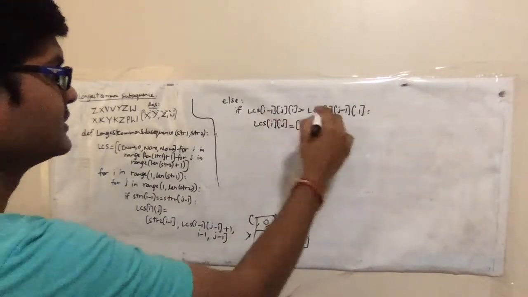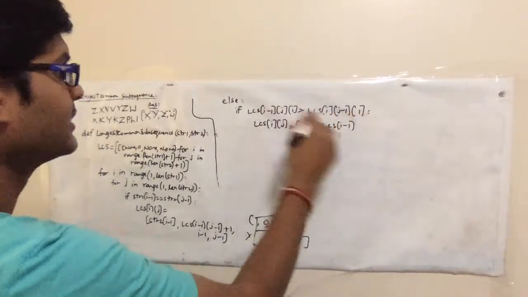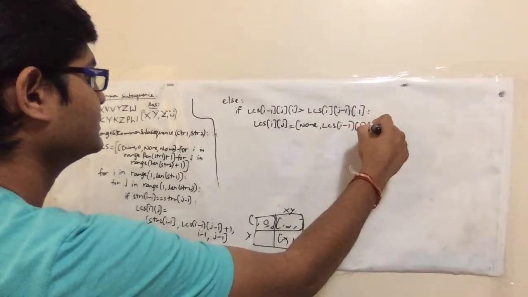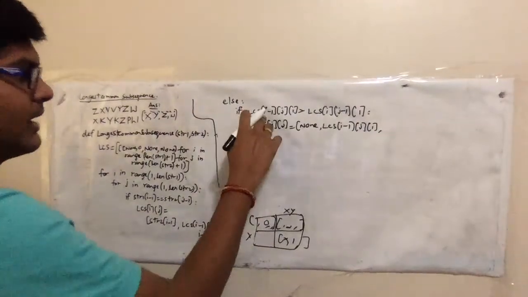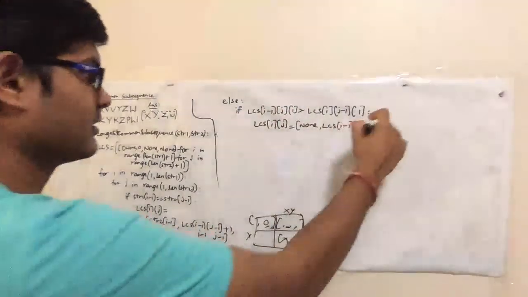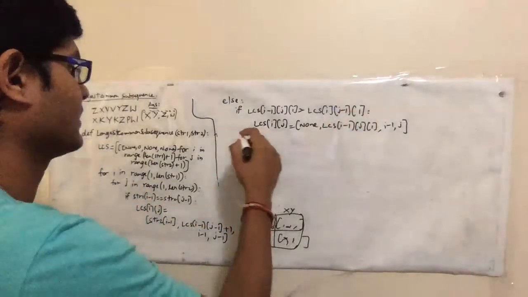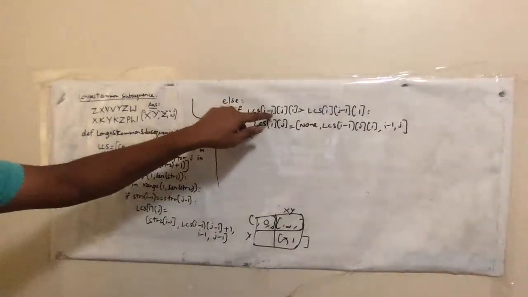No, we will still be getting LCS of, if this is bigger, just keep the bigger one, LCS of I minus 1 j 1. And what are the indices we got? I minus 1 and j. That's what the indices we got. Else is if this is not bigger.